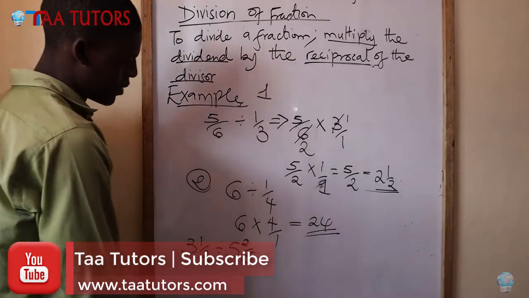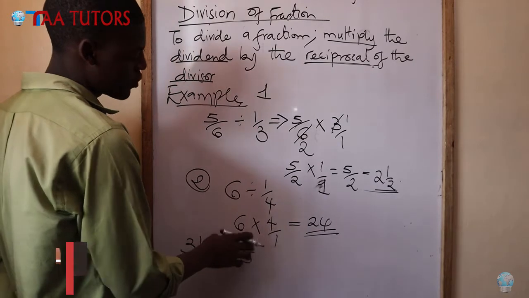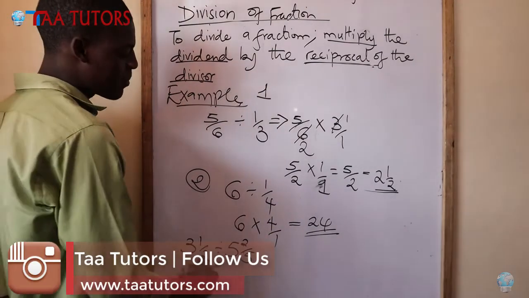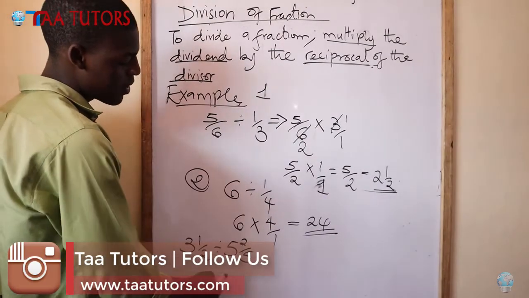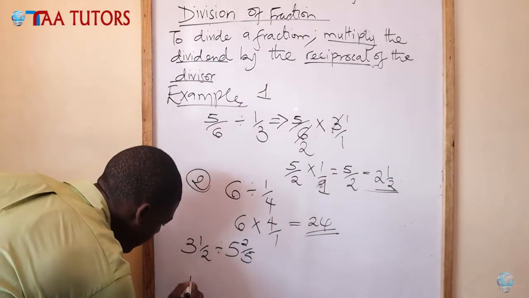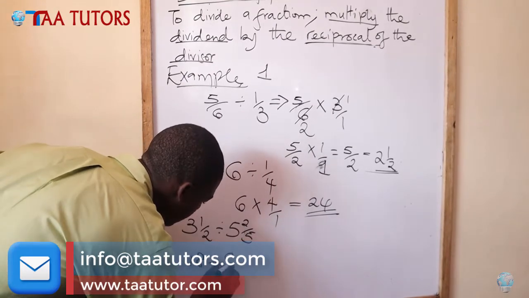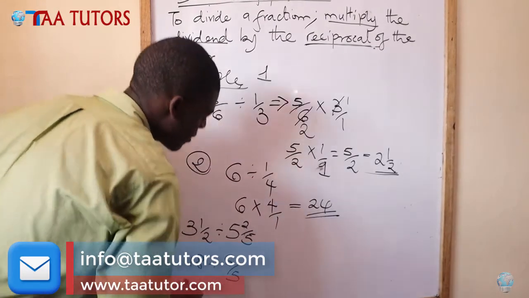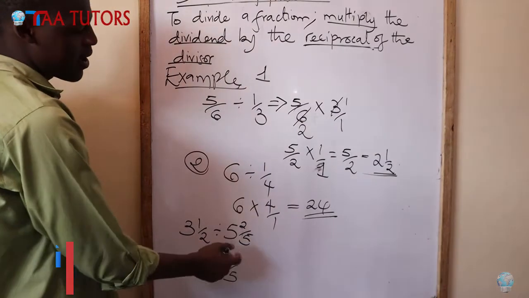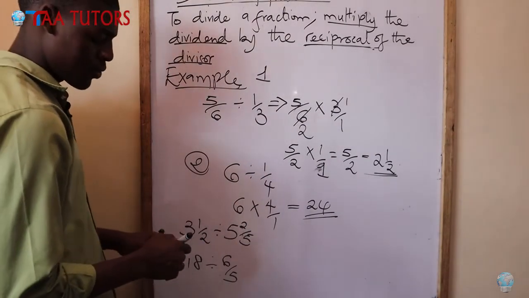The clue: you will first convert this into an improper fraction and this into an improper fraction. Then multiply the dividend by the reciprocal of the divisor. Another one you can try is 18 divided by 6 over 5. In this one, it is just direct. You will go ahead and multiply the dividend by the reciprocal of the divisor.